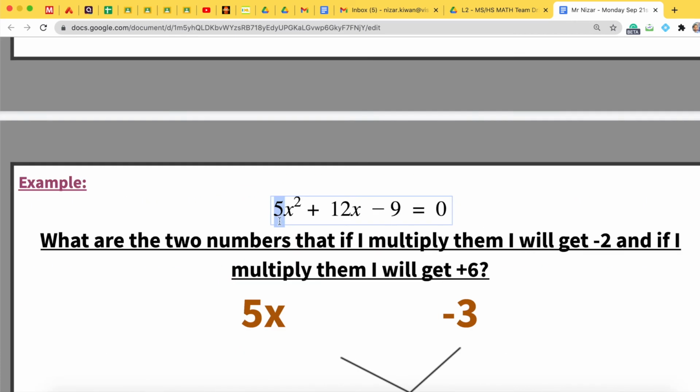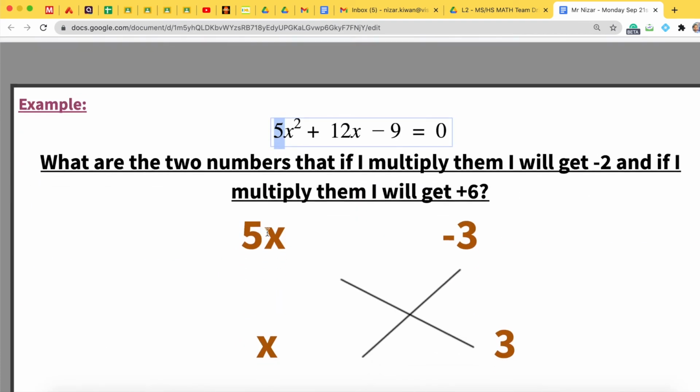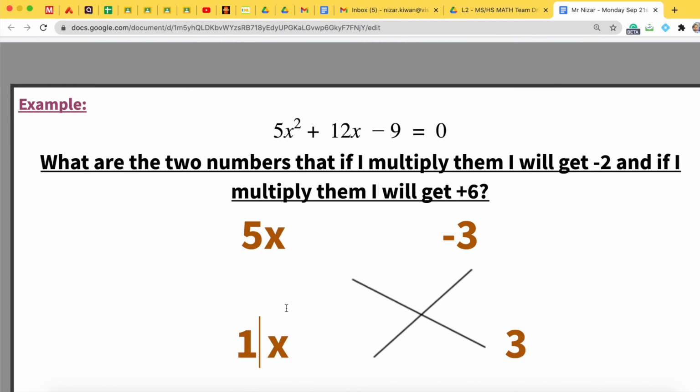What are the two numbers that if I multiply them I will get 5? 5 and 1. Please add x to that because 5x times 1x is 5x^2. Now what are the two numbers that if you multiply them by each other you will get negative 9? Negative 3 and 3. Now do the cross multiplication. 5x times 3 is 15x. 1x times negative 3 is negative 3x, plus 15x is 12x.